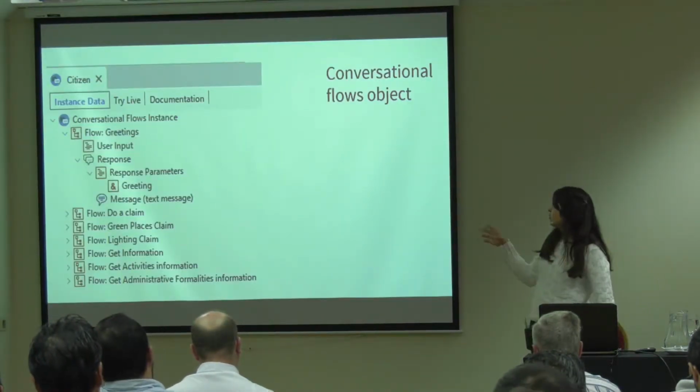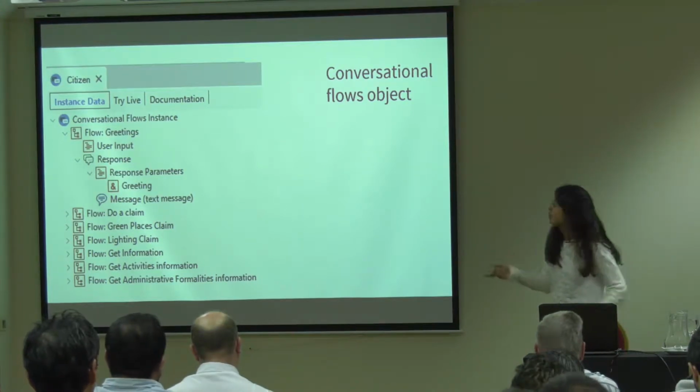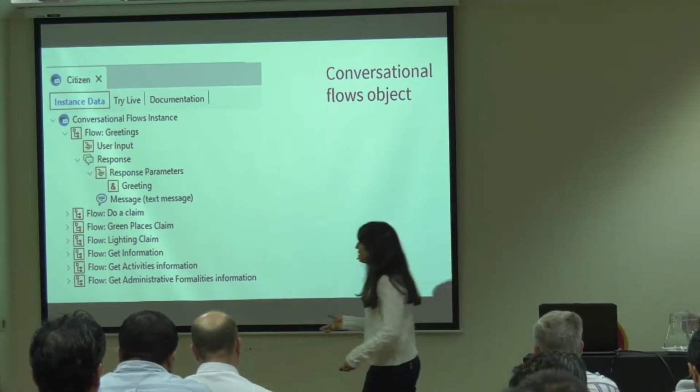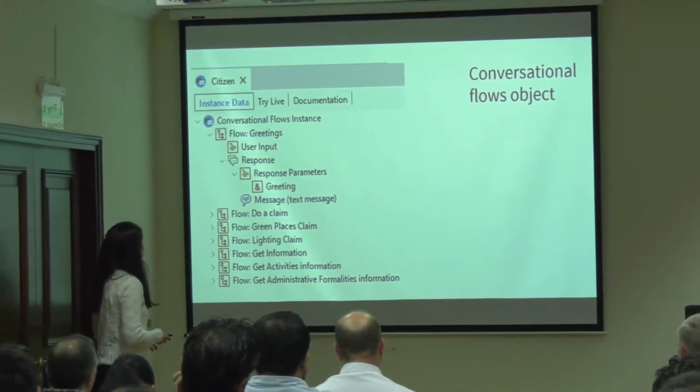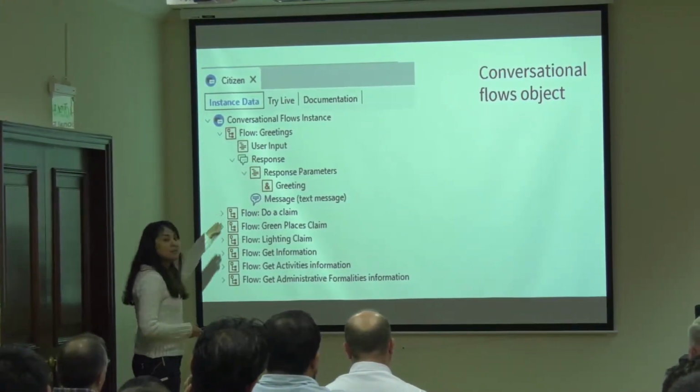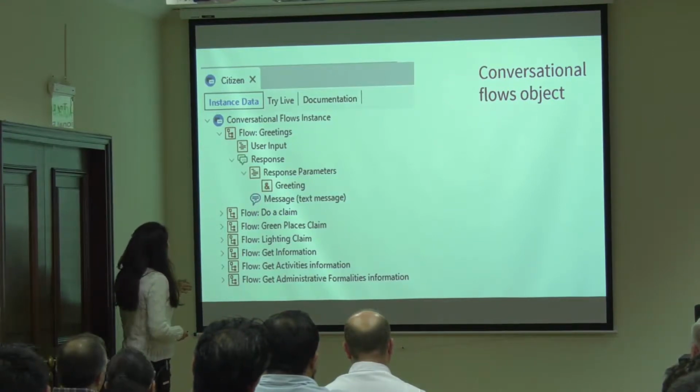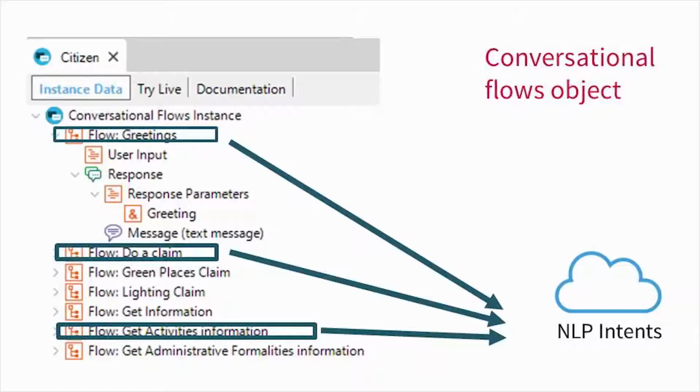So how do we do all this? We have a new object in GeneXus, which is called conversational flows, which represents our bot, our chatbot. It looks like a tree, and each one of the flows is an intent in the provider.